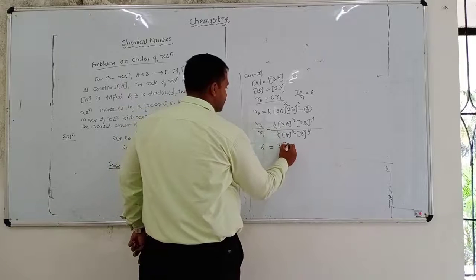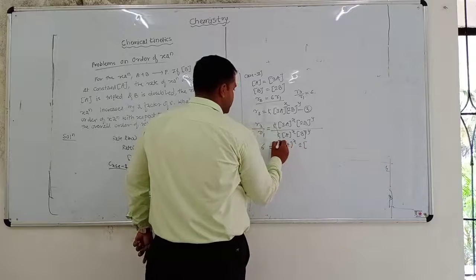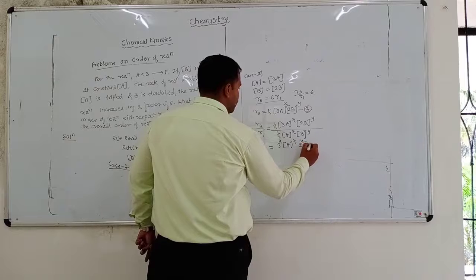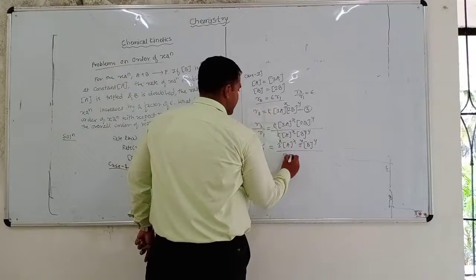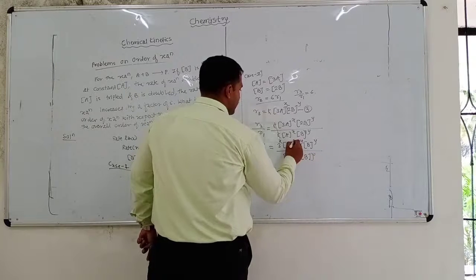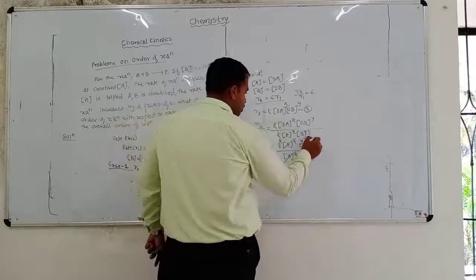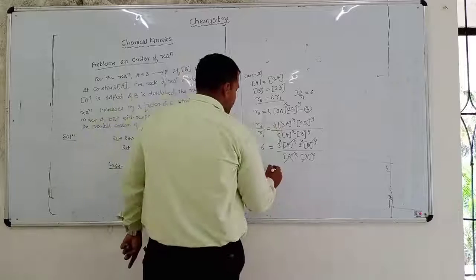3 into concentration of A raised to X, 2 into 3 raised to X, 2 raised to Y into concentration of B raised to Y, divided by concentration of A raised to X, concentration of B raised to Y. A raised to X gets cancelled. Concentration of B raised to Y gets cancelled. Okay.